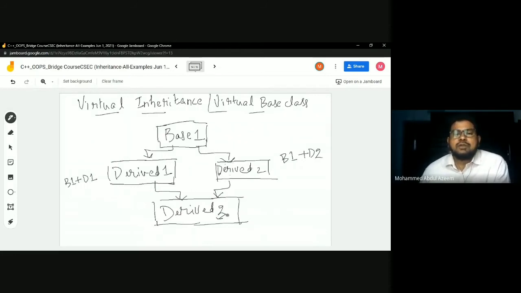Got it? So now when Derive 1 is inherited here at Derive 3, I will get all this B1 plus D1, right? B1 plus D1 at Derive 3. Got it? This is 3.